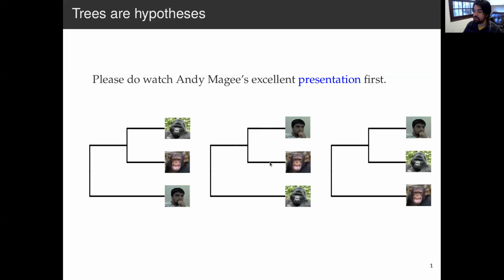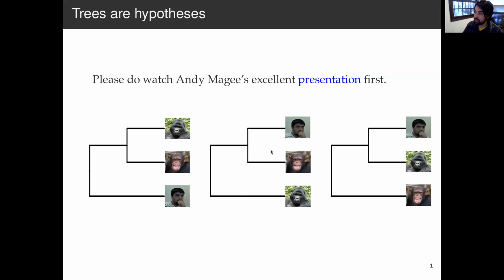This tree then tells you a story, and if you attach length to these branches, you can tell not only a qualitative story, but also a quantitative one. So meaning you can say not only what the relative timing of these split events was, but also the absolute timing in terms of calendar units.